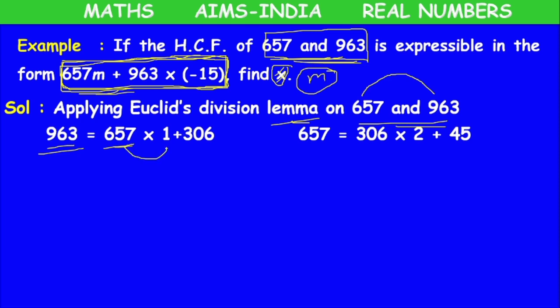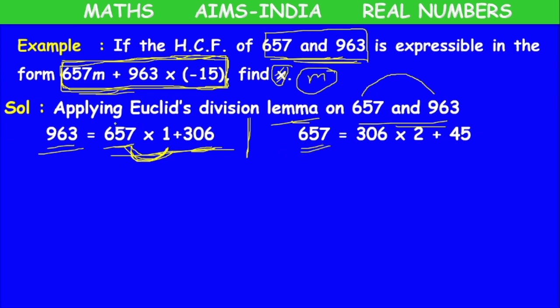Taking one time, 657 ones are 657, and the remainder will be 306. This is the first step. Here, Euclid division algorithm means this Euclid division lemma step we have to continue.